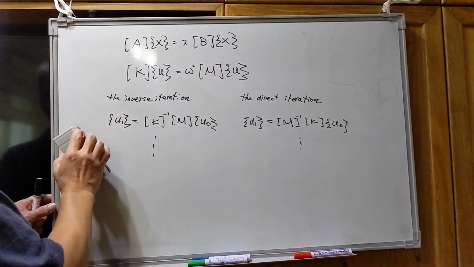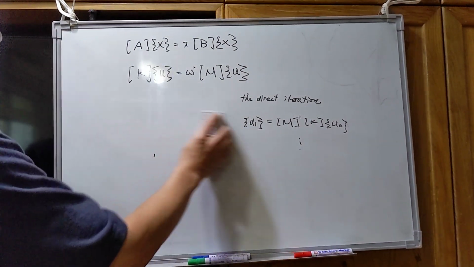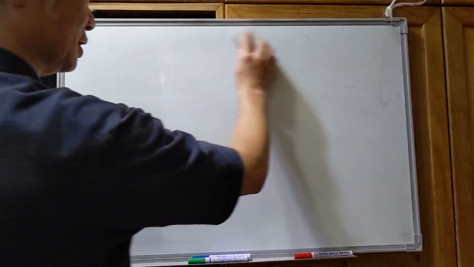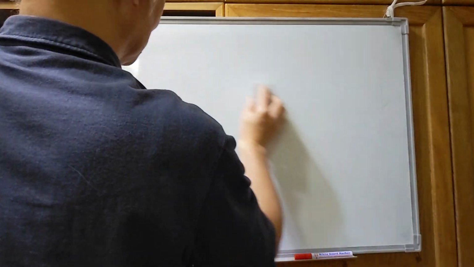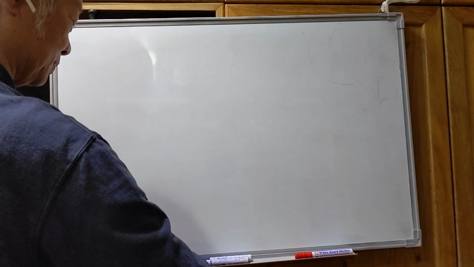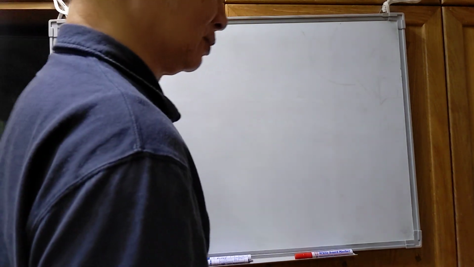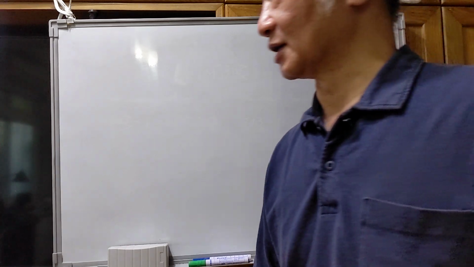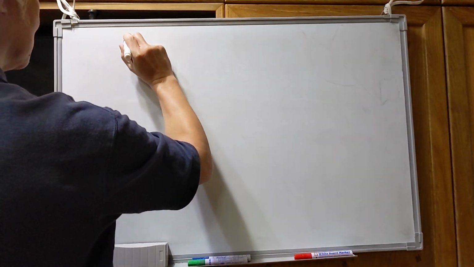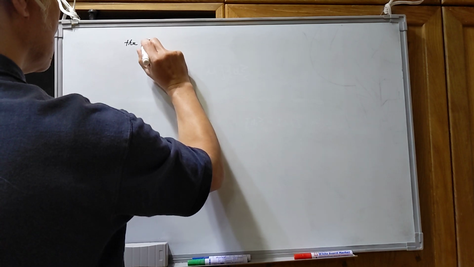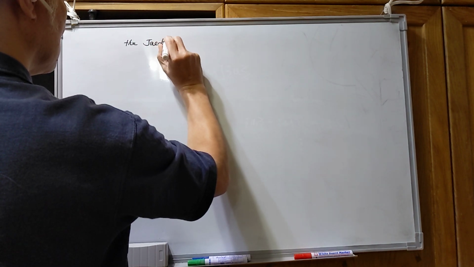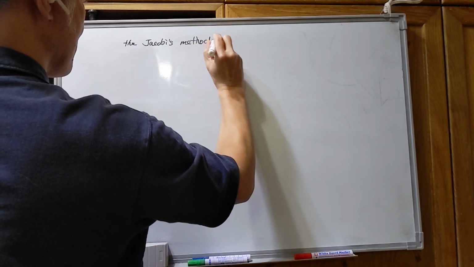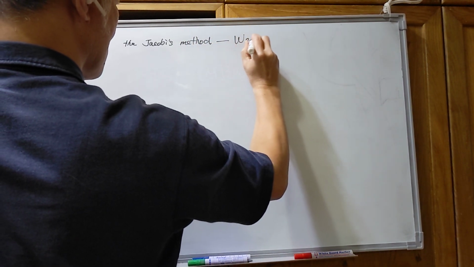Okay, but compared to the Jacobi's method, as long as we got the diagonal matrix, then we can solve all the eigenvalues and eigenvectors.